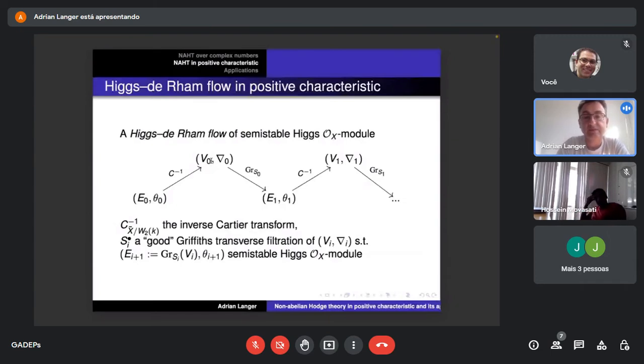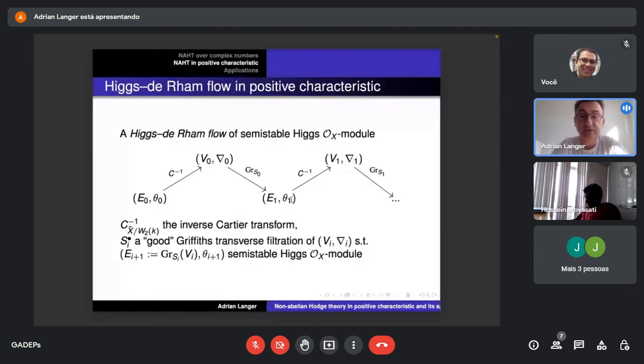And then the point is that one expects that on this vector bundle with integrable connection, we have some Griffiths transverse filtration, which is called F^i in this case, such that if you look at the associated graded, then what we get is a semi-stable Higgs module. And then we repeat the procedure.